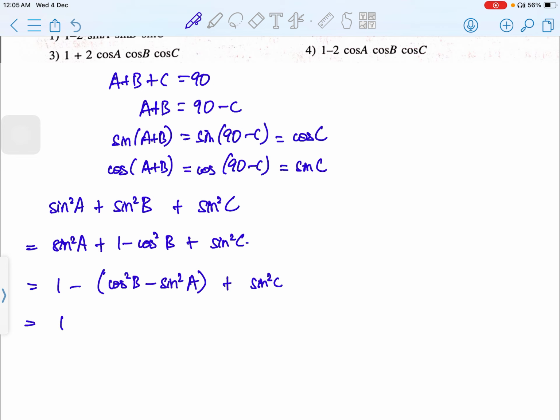So 1 minus, cos square B minus sin square A is cos of B plus A into cos of A minus B, then this sin square C is there.